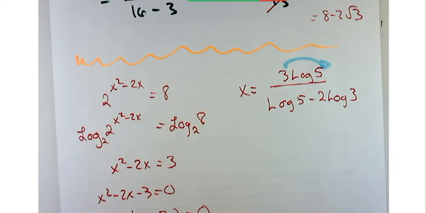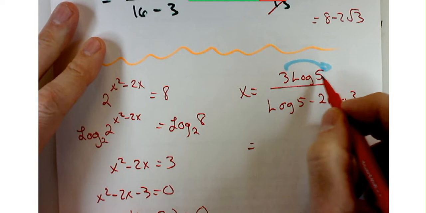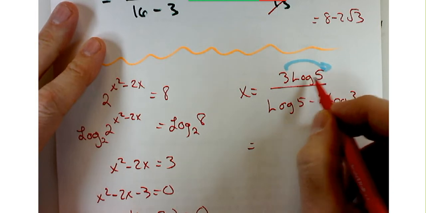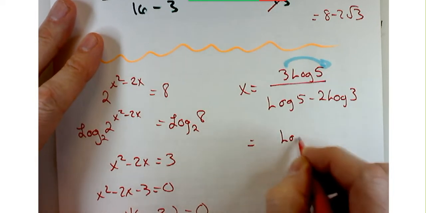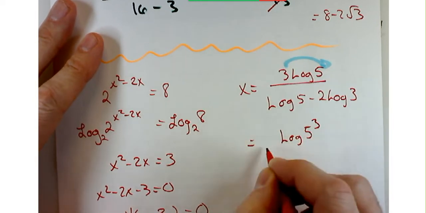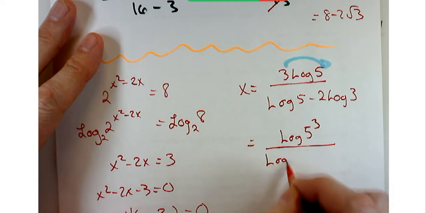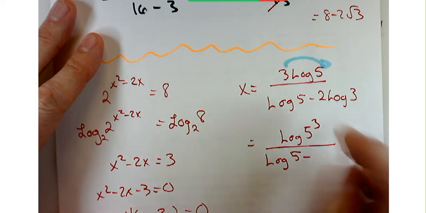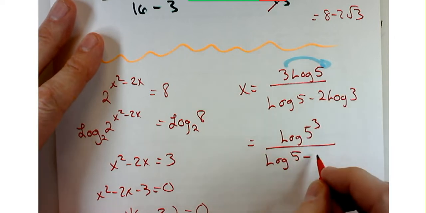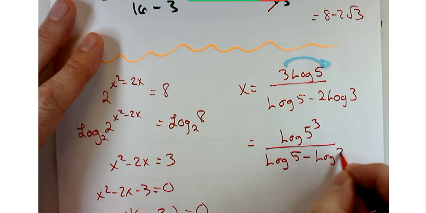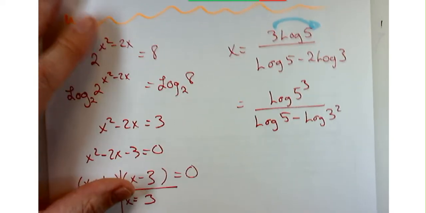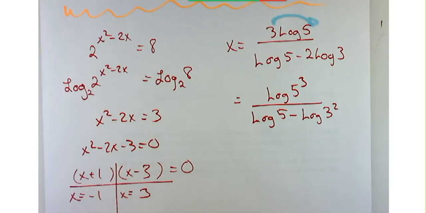Or I said numerator, we're going to put that up in the exponent. So it's going to be log of 5 cubed. In the denominator, I'll do likewise with the 2. So it's going to be log of 3 squared. Okay, that's looking better.